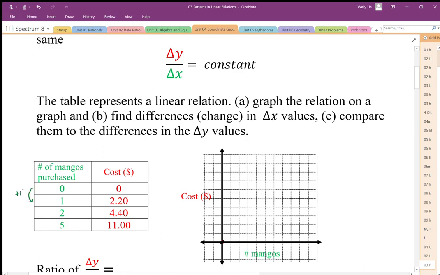So we have plus 1, and on the y change we have plus 2.2. If I do plus, in this case, let's make a bigger jump, plus 4, we see a big jump here of plus 8.8.